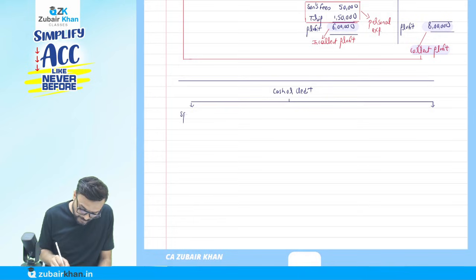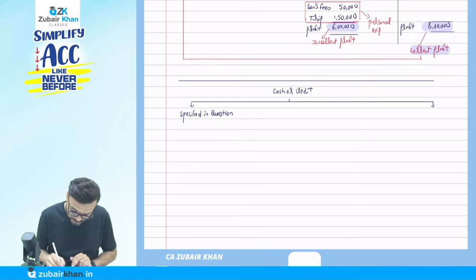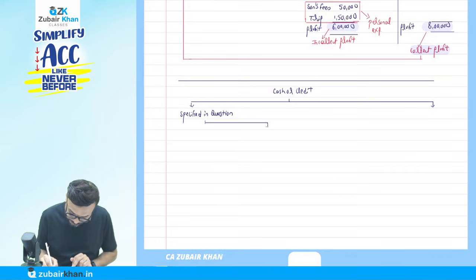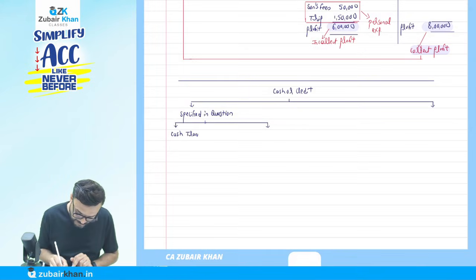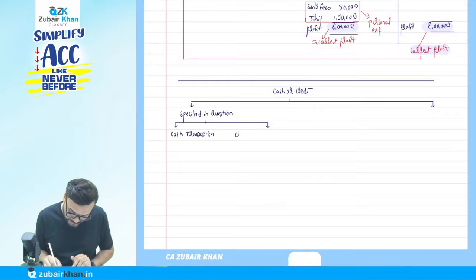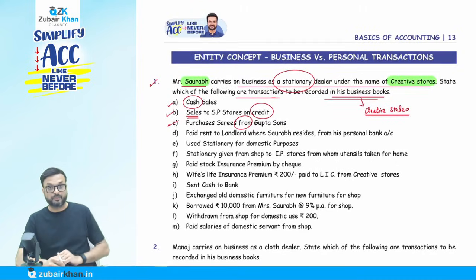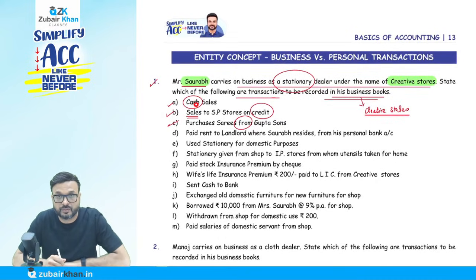So it might be specified in the question. If they specify in the question cash transaction, we are going to call it a cash transaction. If they specify in the question it's a credit transaction, we are going to call it a credit transaction. When I see in point number A, it is mentioned there as a cash transaction, so what are we going to call it?